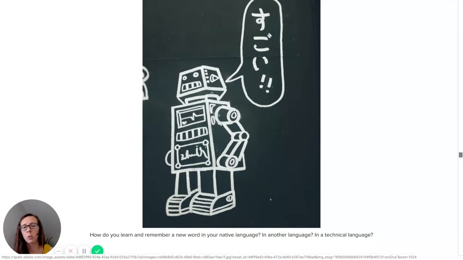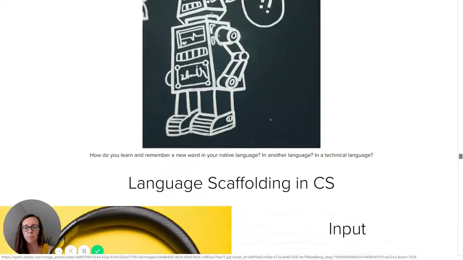How about if you're learning a new term in a new language? What if it's a technical language? When you're learning a new term or some new concepts in a new programming language, what are some strategies you use then? How might we use some of those same strategies as we support our English learners and our language learners in general in our classes?